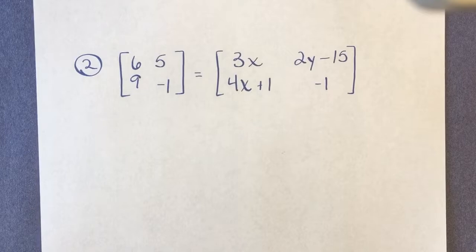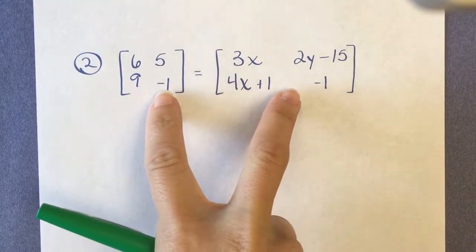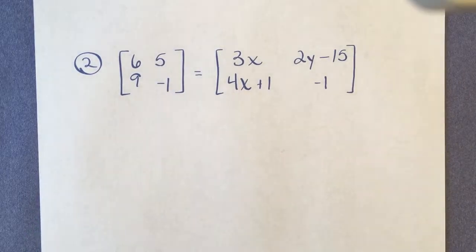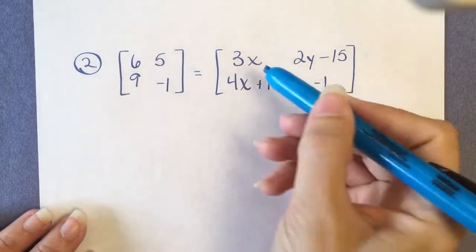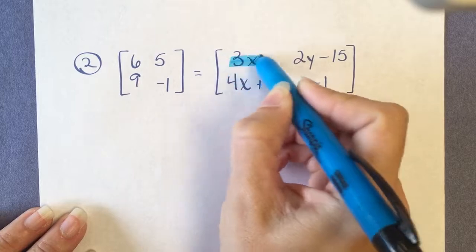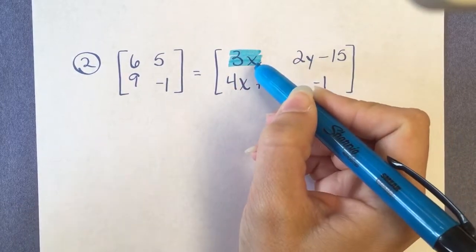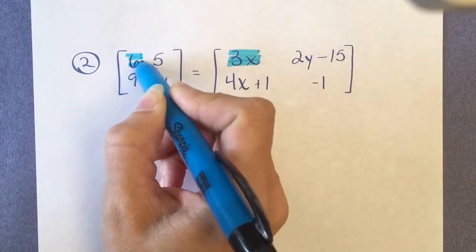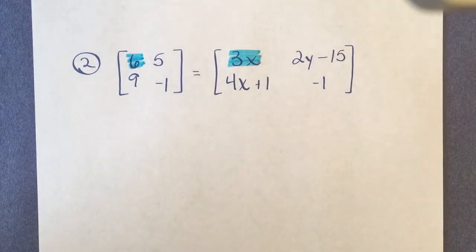Take just a little bit more work than this one. But again, you're told that these two matrices are equal to each other, okay? And again, we're trying to find x and we're trying to find y. Now, I have an x. Of course, what I have in the same position over here would be this 6, okay?